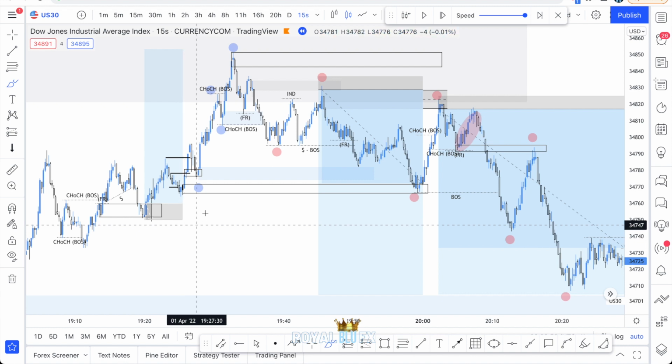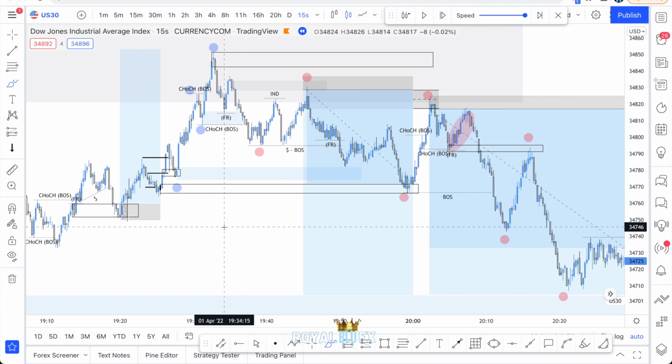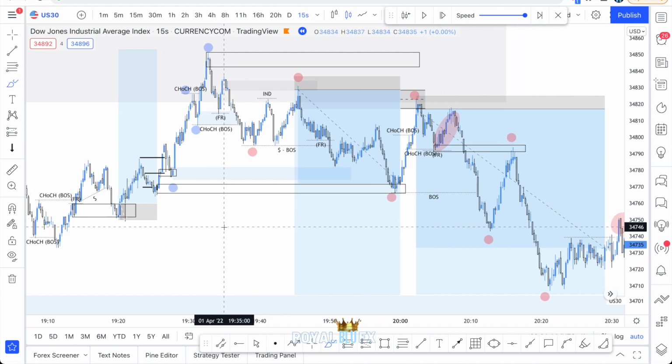All right, and it's that last move in the market that either failed to break a new high or failed to break a new low in the market. The failed reaction would be a good combination to use for entry models, for you to look for perfect entries in the market, combining them with chalks in the market.